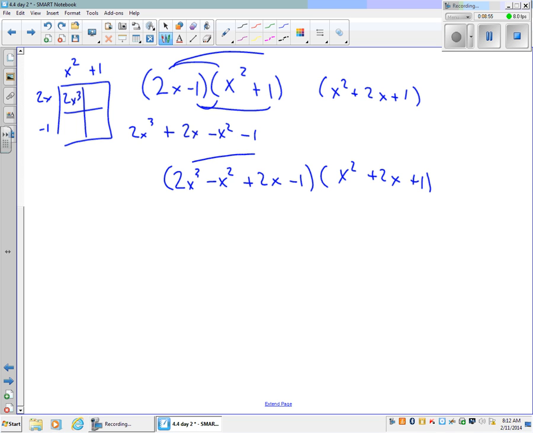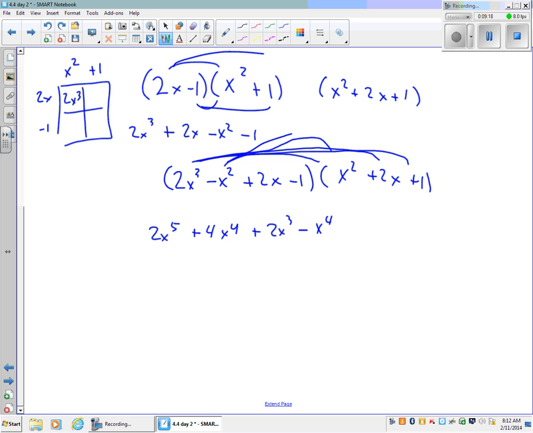Okay, so 2x to the cubed times x squared is 2x to the fifth. 2x cubed times 2x is 4x to the fourth. 2x cubed times 1 is 2x cubed. I have negative x squared times x squared, which is going to be minus x to the fourth.